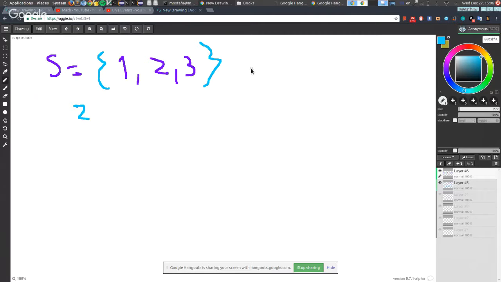We define this operator, and let's give it this symbol, a wedge. So 3 wedge 3 is, say, this is 1, and so on.